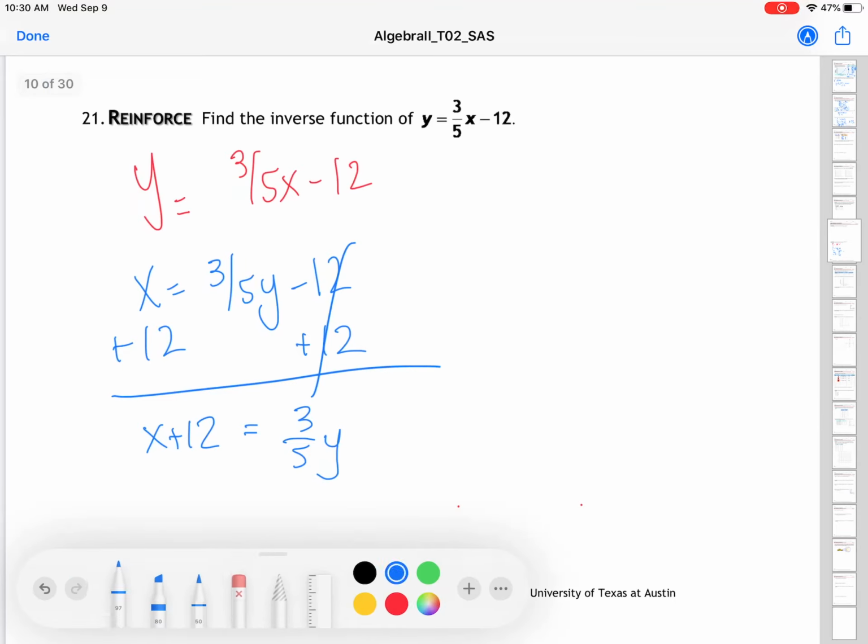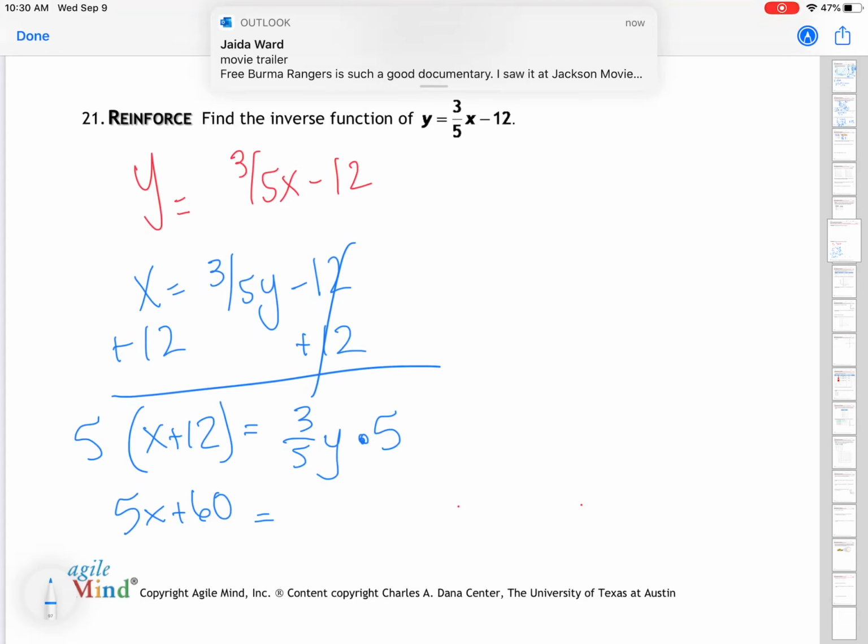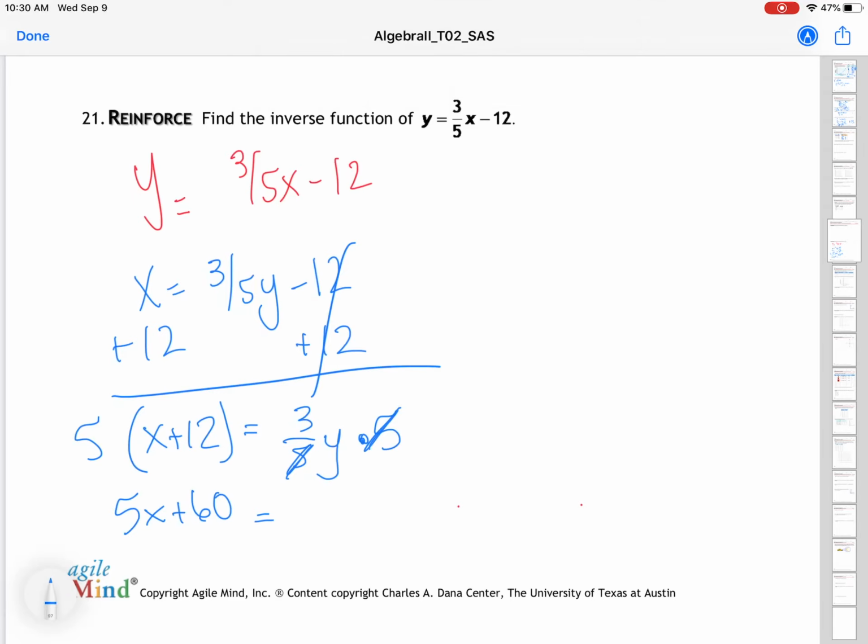Some of this right here tripped some of you up yesterday. So, I got a fraction. I want to get rid of that denominator. 3 and 5 are dividing. The opposite of dividing is multiplying. So I'm going to multiply by 5 on both sides. This becomes 5x plus 60 equals... what happens to these 5s?